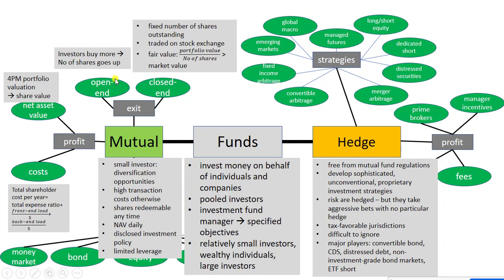If we have an open-end fund, it means that we can join anytime and sell or exit anytime. So the number of shares goes up or shrinks, and the amount of capital accumulated in the fund is also going up and down.